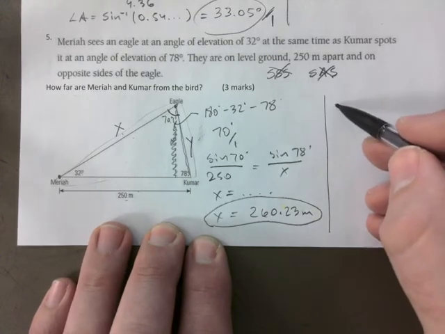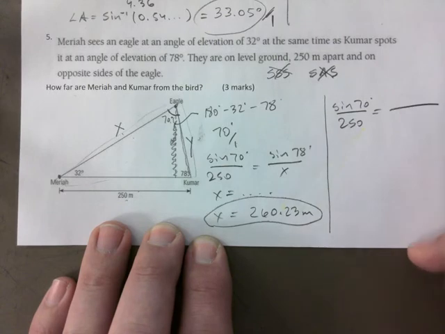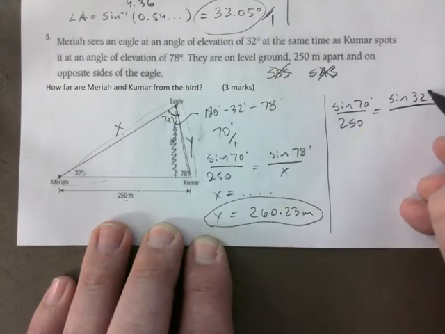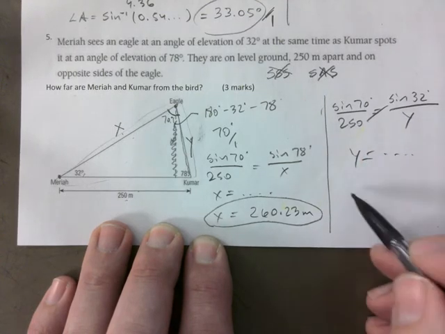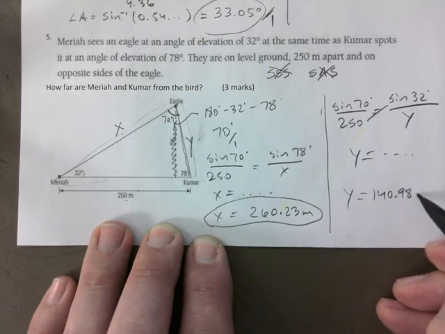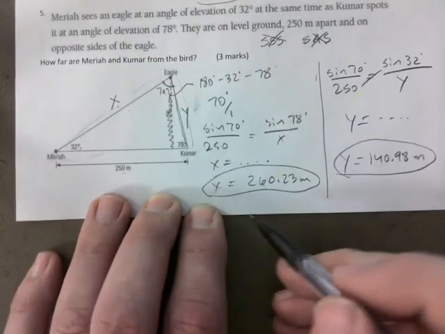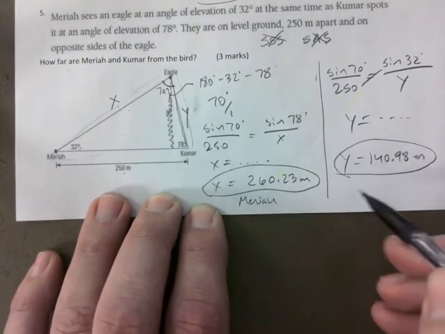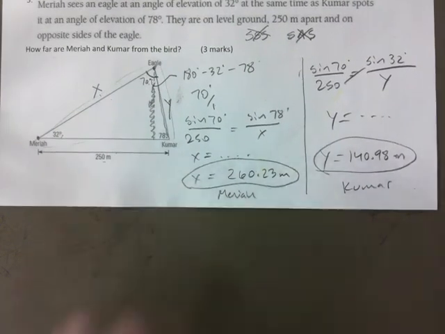Next, I'm going to start with the exact same pair, but now I'm going to use the 32 to find Y. And that is, I'm skipping that part, and I'm getting 140.98 meters. And this is Mariah. This is Kumar.